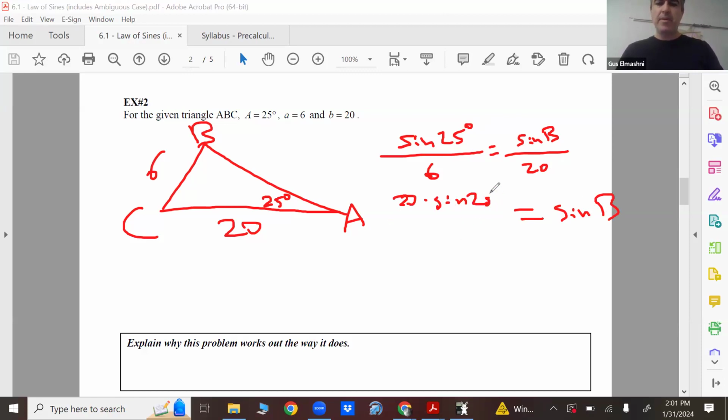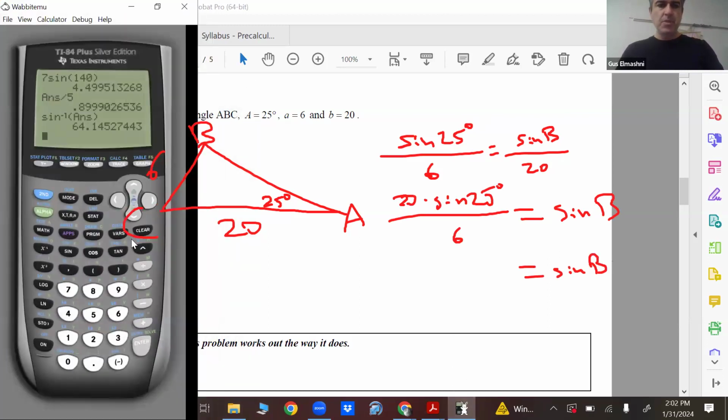Yeah, it's 25 degrees. Sorry. Let me write that more nicely. And what's that going to be? Let's work it out. 20 sin 25 divided by 6. Uh-oh, we run into a problem.